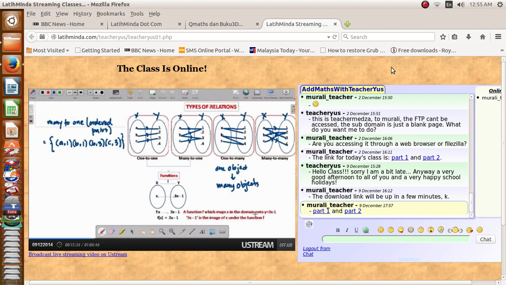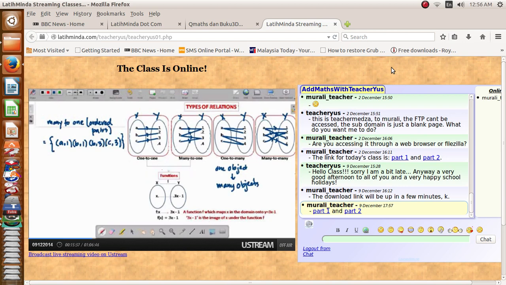In functions, only one-to-one and many-to-one types of relations are called functions. One-to-many and many-to-many relations are not considered functions. So today we are going to concentrate fully on functions.